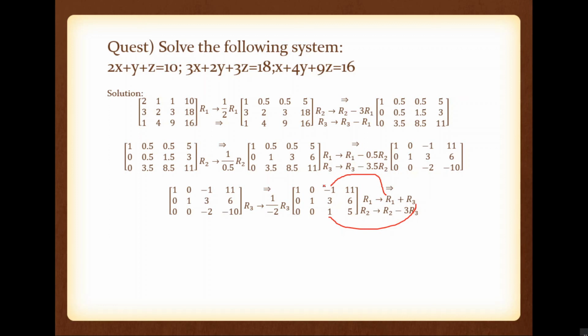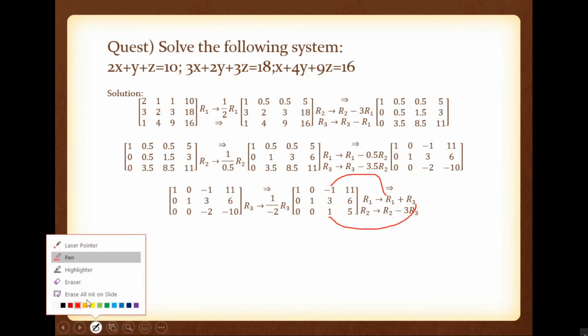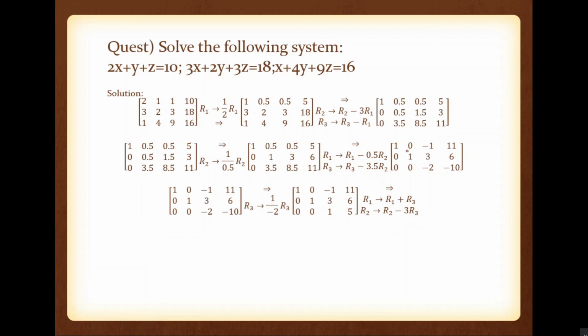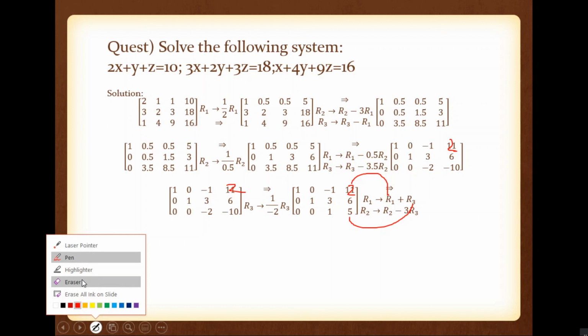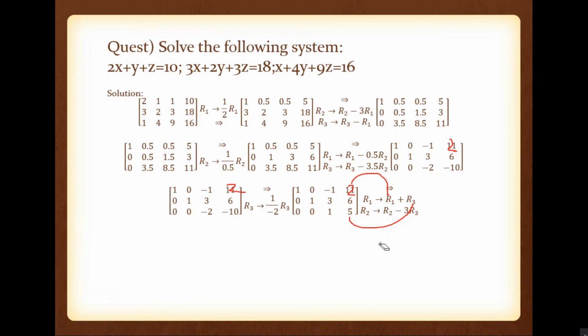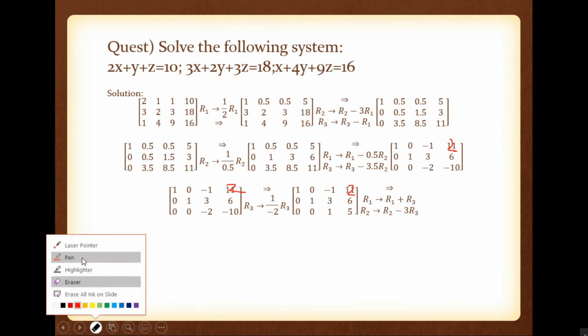So this minus 1 will become 0. This is 2, this is 2, this is 2. Now this 2 plus this 5 will become 7. 2 is changed into 7. So this is the first row operation.